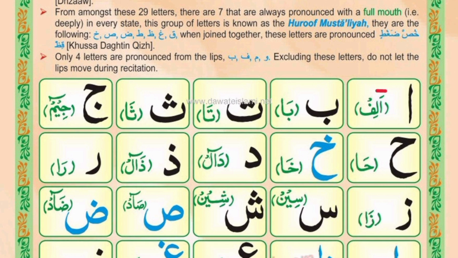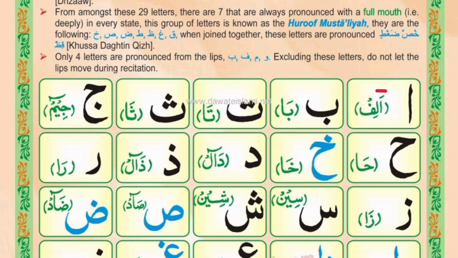It means we pronounce these letters, huruf mustalia letters, kha, sad, dad, ta, ra, ghain, and qaf. These are 7 letters in sky blue color. The combination of these letters is khussa, dagtin, qiz. Khussa means kha and sad, dagtin means dad, ghain, ta, qiz means qaf and ra.